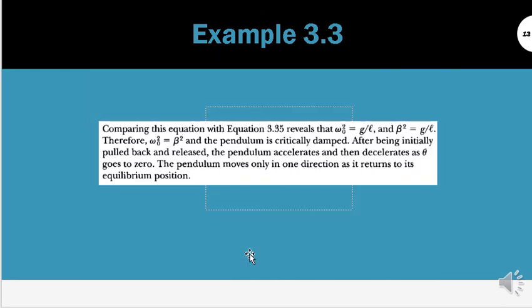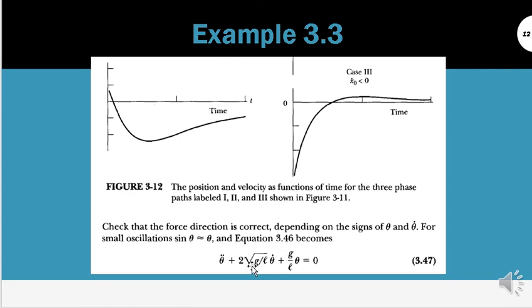Now, if we compare this equation to equation 3.35, which has been discussed by our instructor, please remember that this is the equation for the general case of damped oscillation: x double dot plus 2 beta times x dot plus omega sub o squared x equals 0. Comparing with the previous equations, here we have 2 beta and here omega sub o squared.